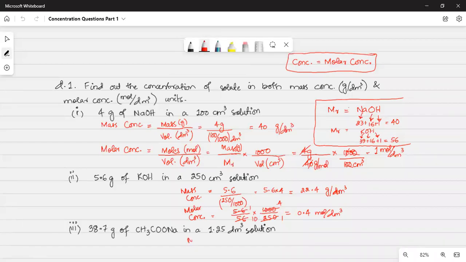So I hope for mass concentration, you did something like this. Actually, you took this 38.7 and then you divided it by 1.25 itself, and you got your answer, right?